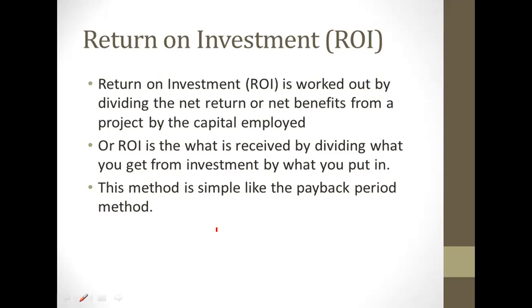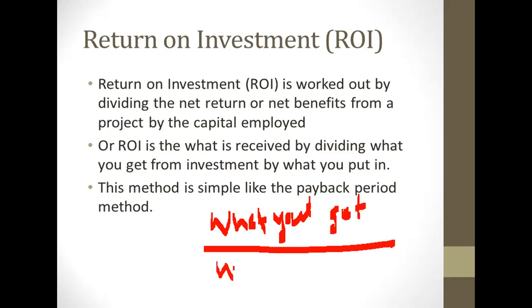That means simply what you get from investment, what you get, divided by what you put in, how much you spend, that is what you put in. That is what is a return on investment.